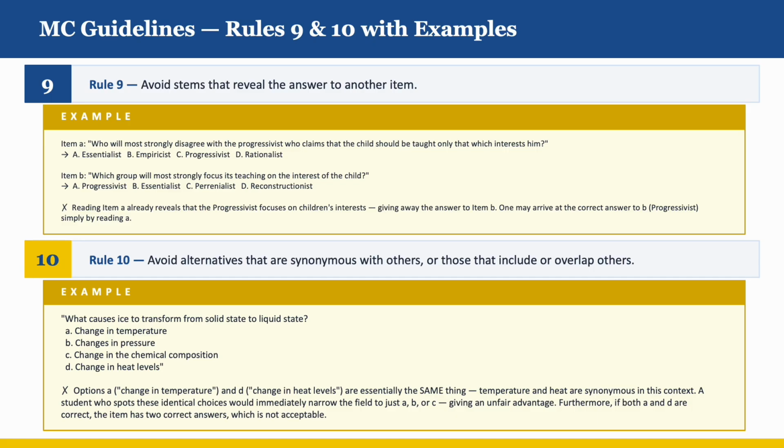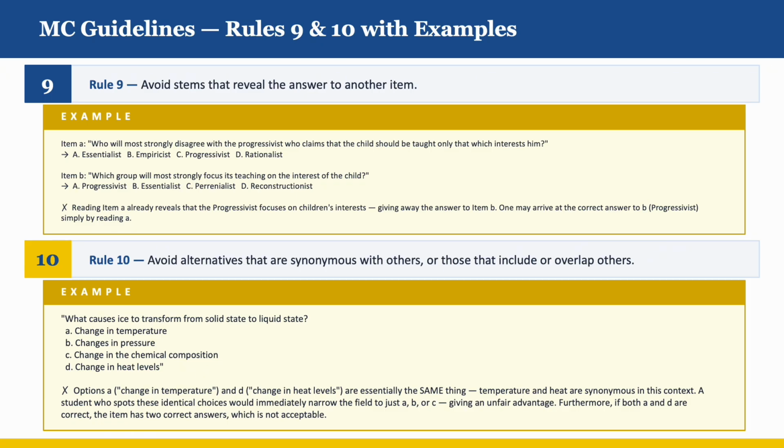Rule number 9: Avoid stems that reveal the answer to another item. So this one is subtle but very damaging. Look at these 2 items side by side. Item A asks, who will most strongly disagree with the progressivist who claims that the child should be taught only what interests him? Just by reading this question, you already learn that progressivists focus on children's interests.